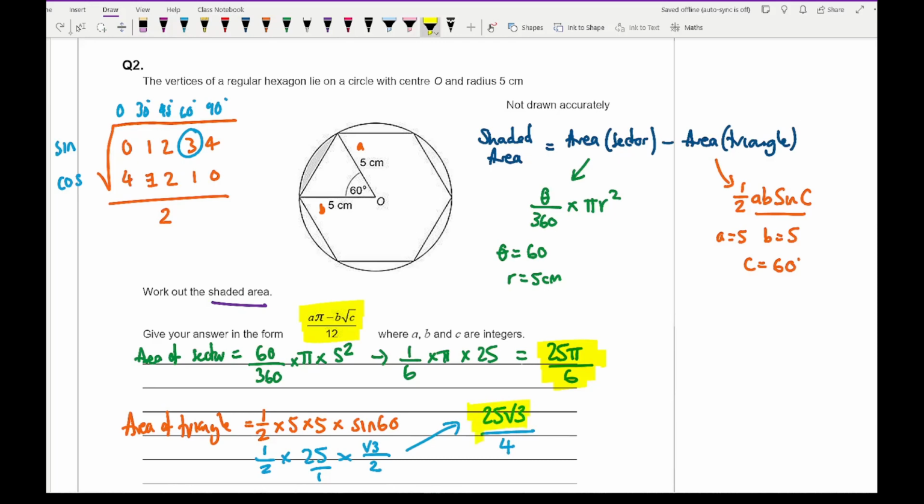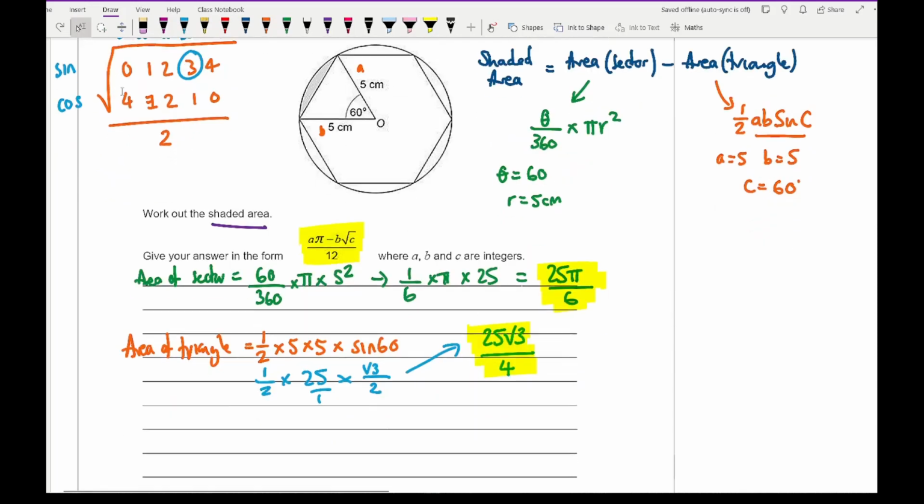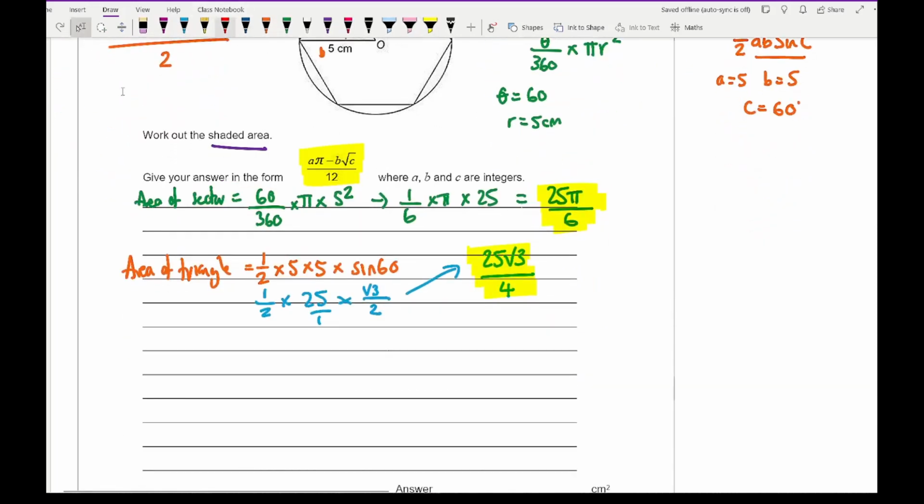Now I've not finished the question, because I need to work out the shaded area. The shaded area is the area of the sector, 25 pi over 6, minus 25 root 3 over 4.